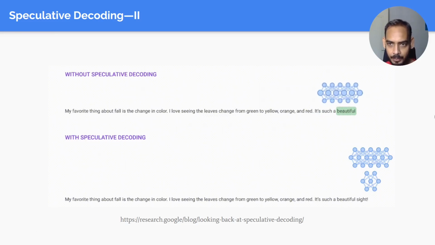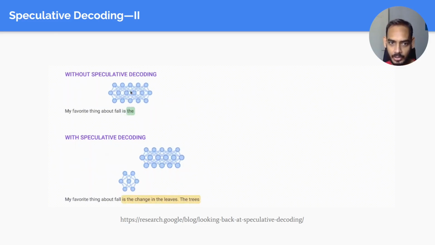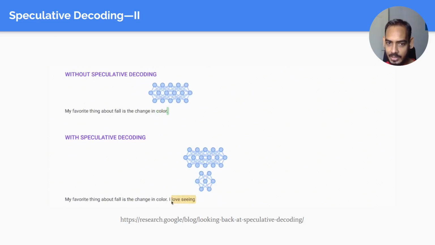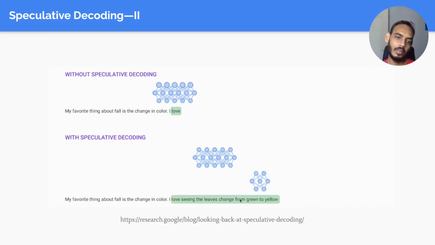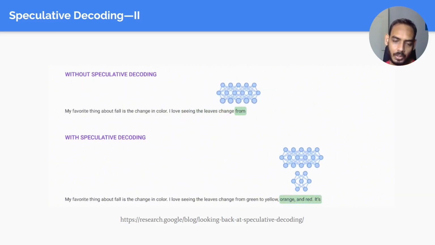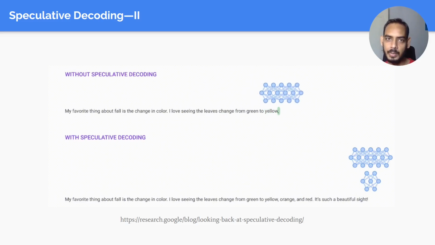If you see the time taken for generating the sentence, it takes a lot of time without speculative decoding. Here something in red color gets generated, and it gets restarted. Whenever the smaller model is not able to guess properly, the larger language model will regenerate the text. That's the key idea behind speculative decoding.